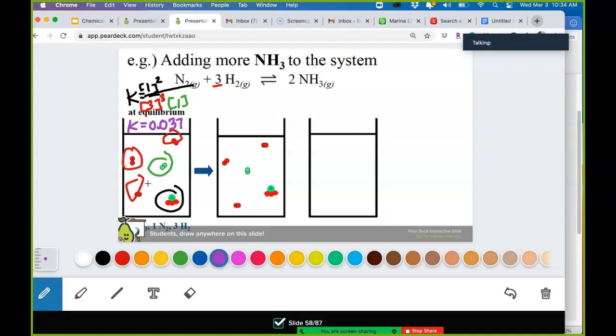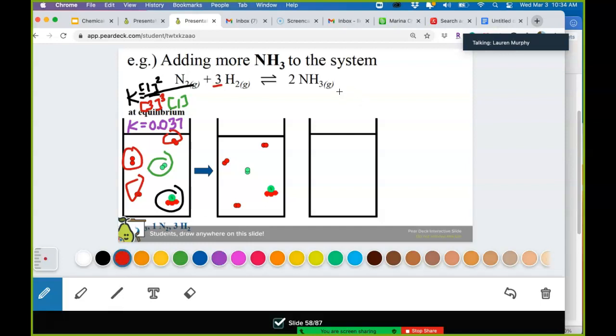Now, I'm going to disturb equilibrium by specifically adding more ammonia. I'm going to increase the concentration of ammonia in this system by adding more of it. I'm not touching the nitrogen or the hydrogen. Now they will be affected, but I'm not touching them. I'm just messing with ammonia. Conceptually, let's look at this.